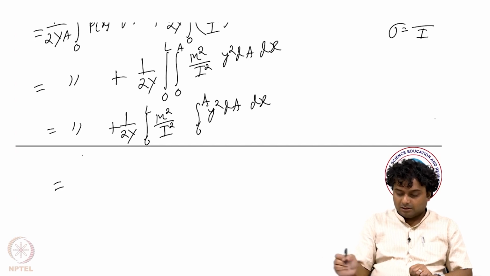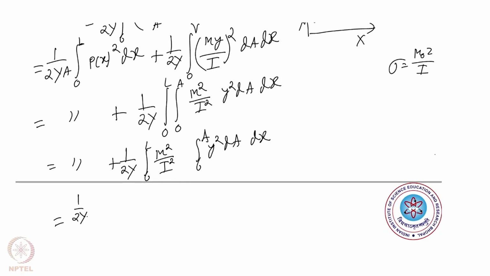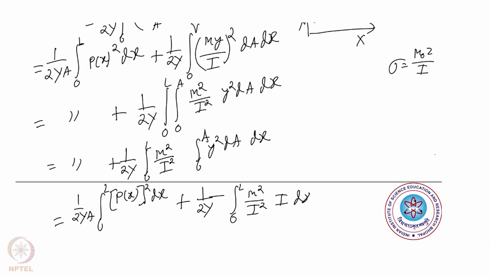So equals, then again the first term as it is, I write 1 by 2YA into 0 to L Px whole square dx plus 1 by 2Y, here the capital Y is the Young's modulus, into 0 to L M square by I square into I dx, right.